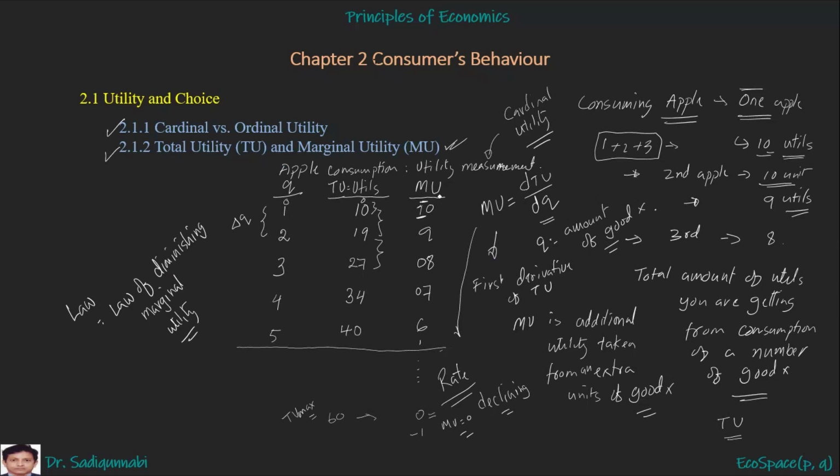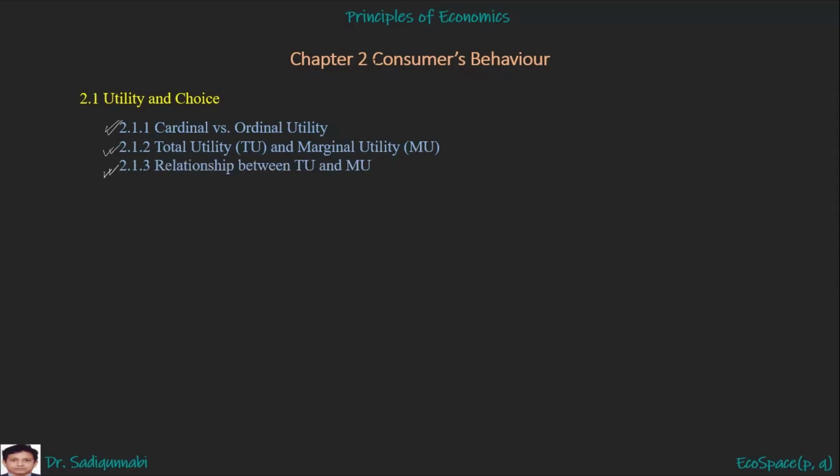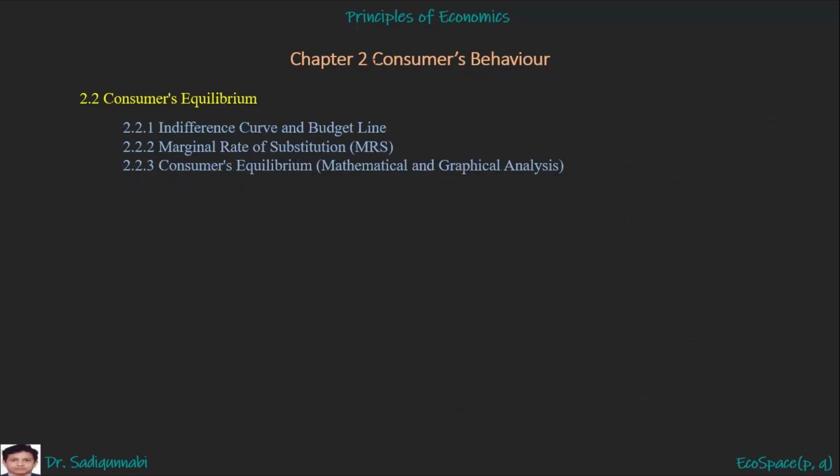That means marginal utility is declining. So that is the law, and this law is called law of diminishing marginal utility. Okay, so it is also covered. Now, what is next? Our next point is consumer's equilibrium.